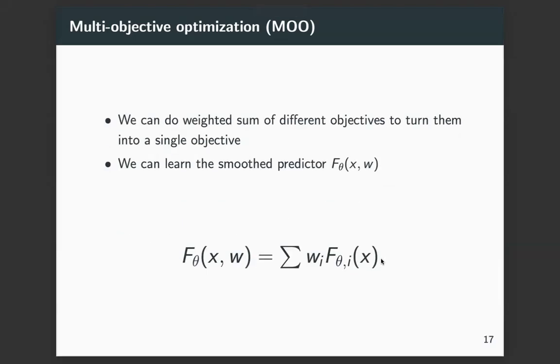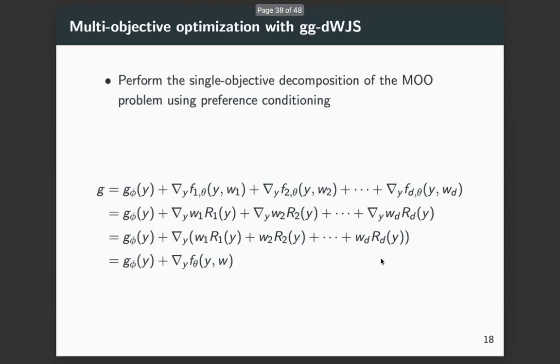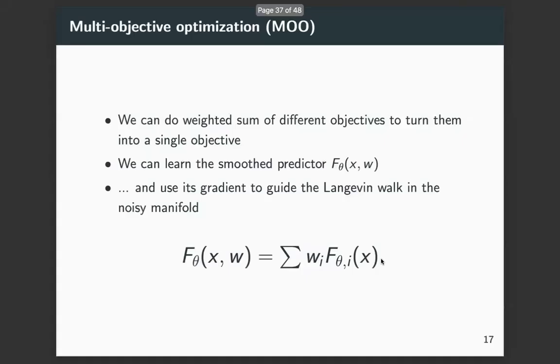So what could we do about that? We could take the multi-objective optimization and then decompose it back to a single objective. That means somehow combining them together so that you just have one reward. And one easy way to do it would be to just have a weighted sum of it, which is also known as the preference conditioning.